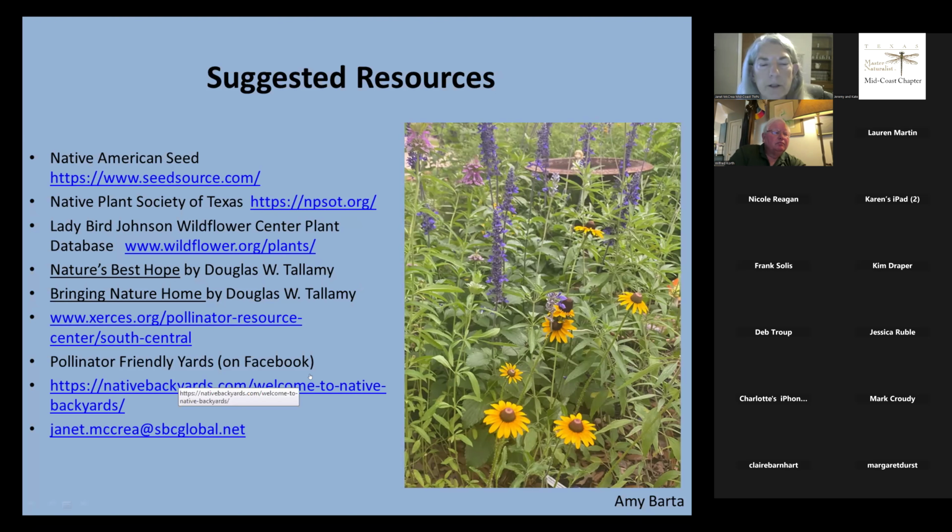Pollinator Friendly Yards, you can like them on Facebook, and they put out some tips every so often that are good for native plants. And then Native Backyards is a girl from San Antonio.